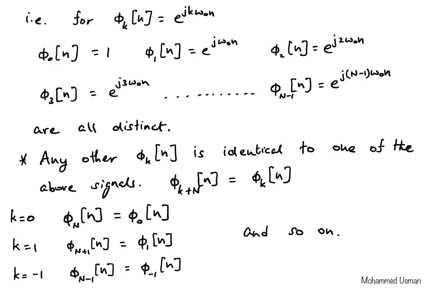Similarly, if you go backwards from phi 0, phi minus 1 of n will be repeating from this end here, so that will be phi n minus 1 of n. And phi minus 2 of n will be the same as phi n minus 2 of n. So these are the n distinct complex exponentials from this set. All the others would be repetitions from one of this set.